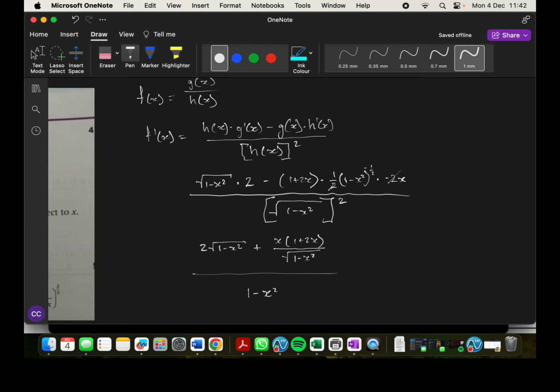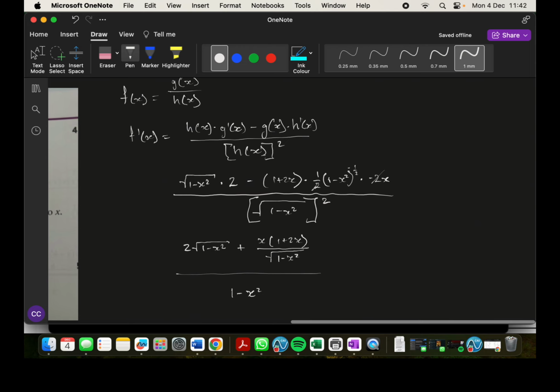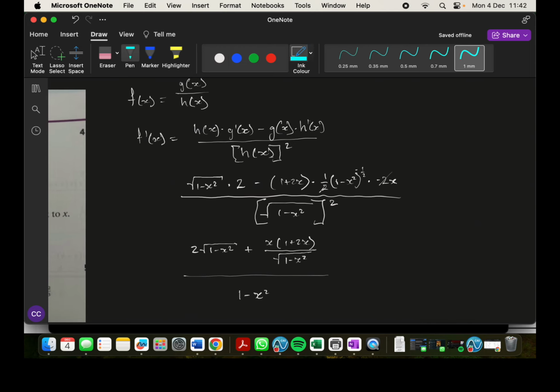Okay, so like I said, let's play around with this denominator a little bit, and let's see if we can't simplify it. Okay, so it's fractions. I have to force common denominators. So that first part of it's going to turn into 2 times 1 minus x squared times the square root of 1 minus x squared all over the square root of 1 minus x squared.